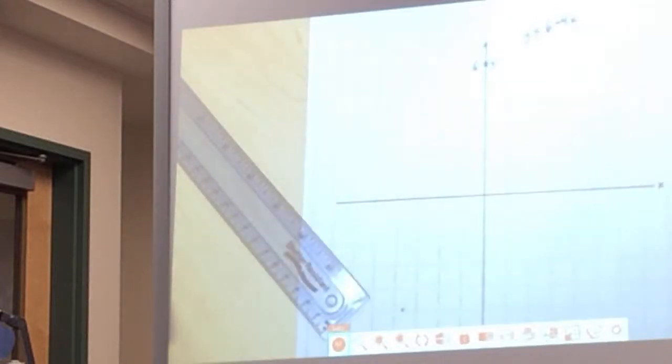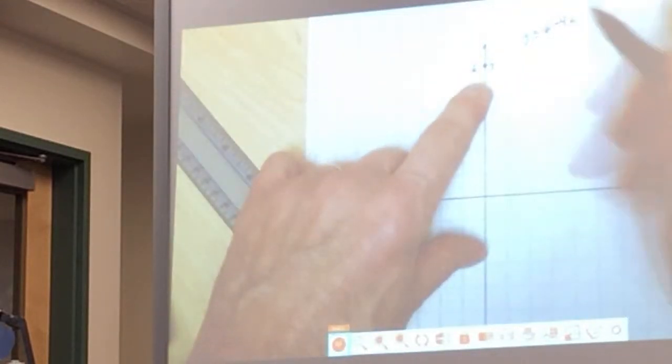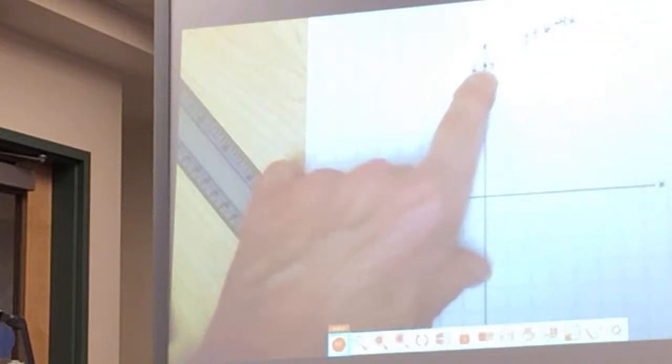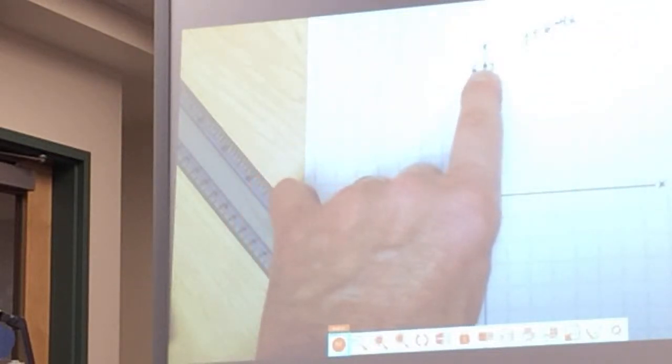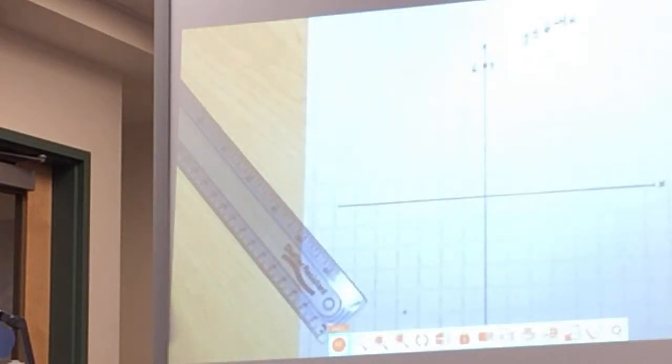You gotta talk louder, the 7th graders are really noisy. So this is a -4. So which direction should I go? To the back? 4? Yeah. What are the words that we use for slope again? Rise over run.